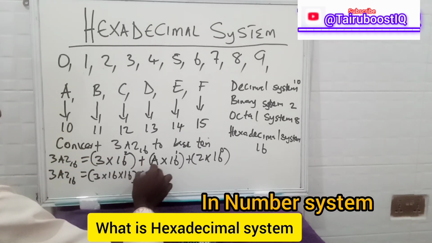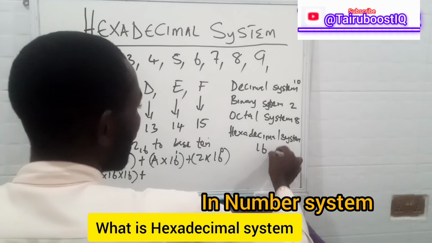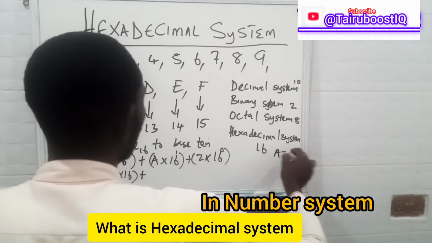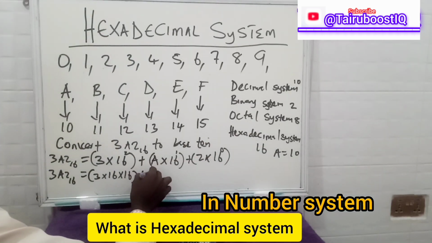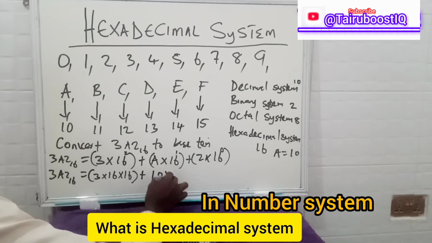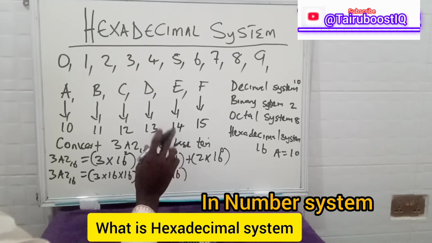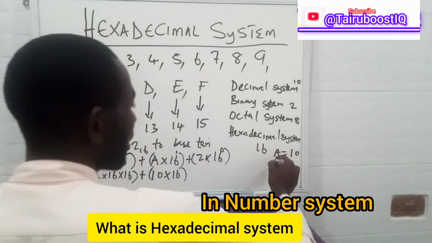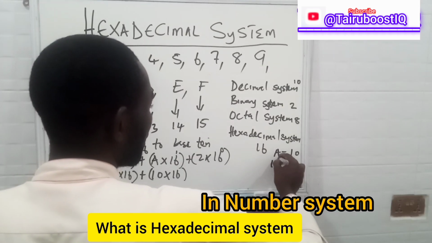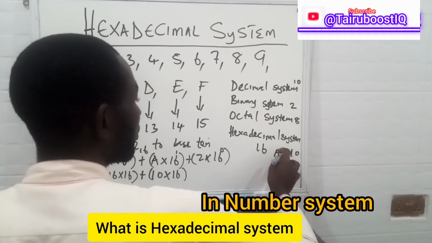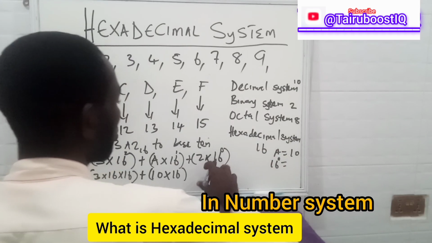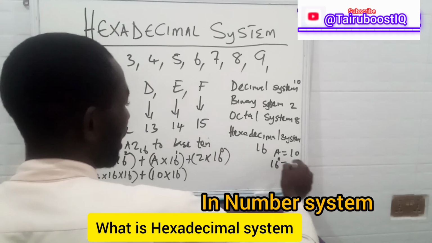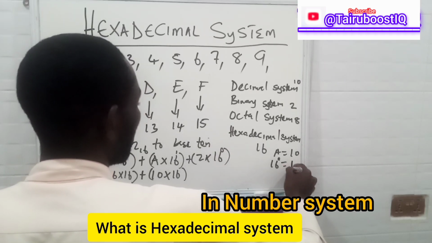Then our A is equal to 10. So here we are going to replace A with 10 by saying 10 times 16. Since 16 is raised to power 1, we only multiply it by 1. Then remember, according to the law of indices, any number raised to power 0 is 1. So since 16 raised to power 0 is there, in place of 16 we are going to have 1.